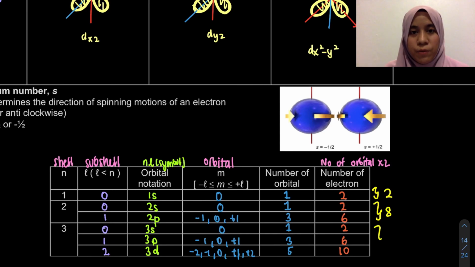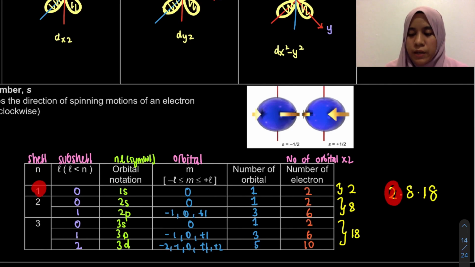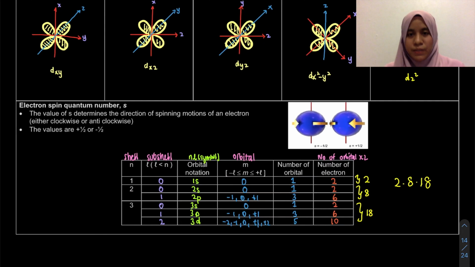If you still remember from SPM, we learned electronic configuration, 2-8-18. Because the first shell has a maximum of 2 electrons, the second shell a maximum of 8, and n equals 3 a maximum of 18. Okay, so that is the summary for the quantum numbers N, L, M, S. Next, we will look at examples. No worries.